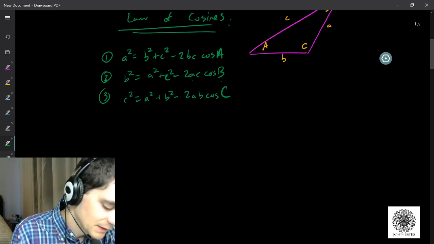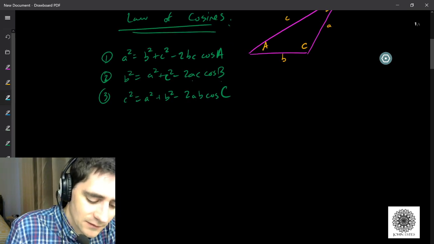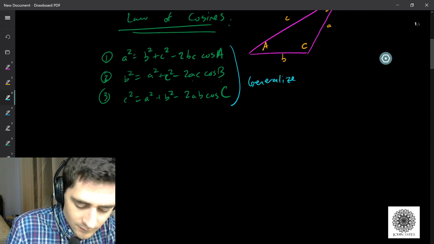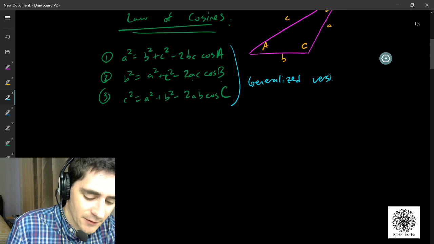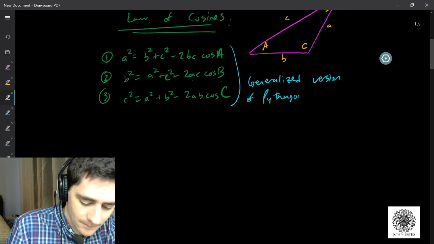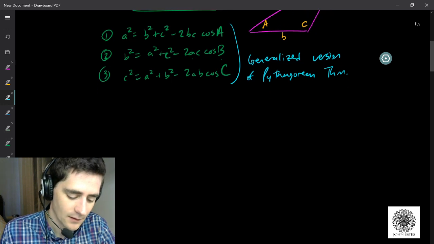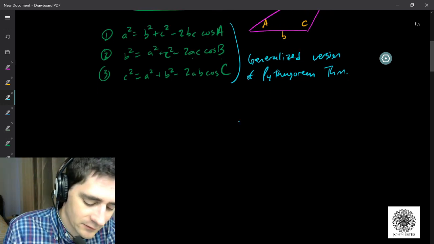Okay. Now the reason I love this so much is that this is a generalized version of the Pythagorean theorem. And what I mean by that is, think about if you have a right triangle.